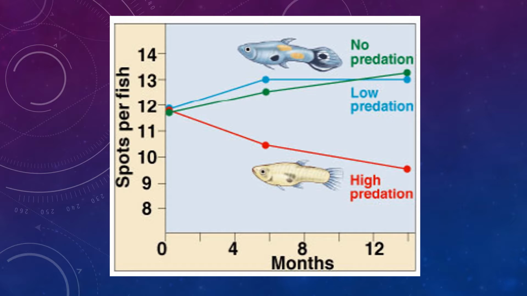So, for example, we see two of the same type of fish here. The fish that is very colorful lives at the top of a waterfall. The fish that is very drab and lacking in color lives at the bottom of a waterfall. In low predation environments, at the top of the waterfall, with little to no predation, you'll see that this male fish displays a bright coloration with a larger number of spots.